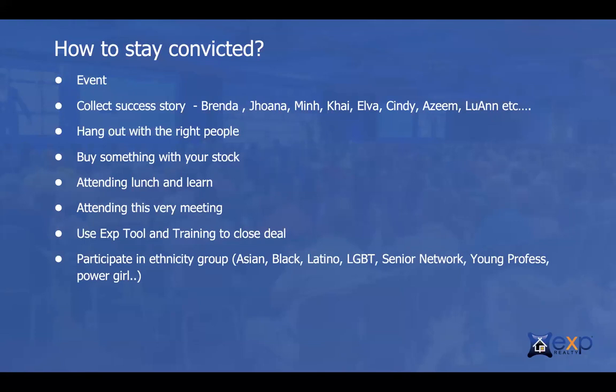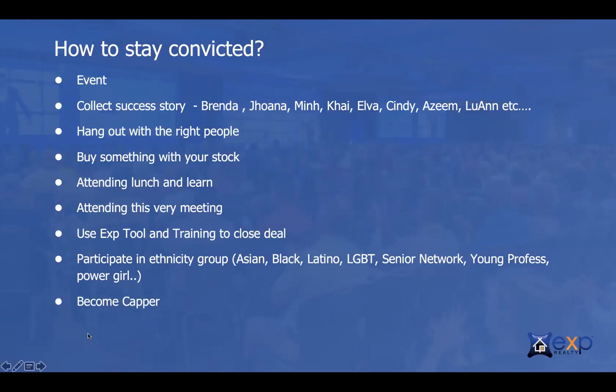So catch on to this, guys. Spend some time and participate in these groups. They're going to come up with a lot of events as far as agent attraction as a company, and if you stay plugged into this group, it's going to help a lot with your agent attraction business as well.